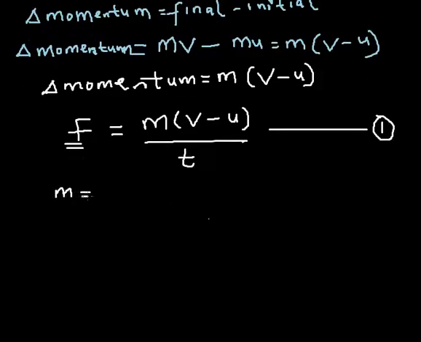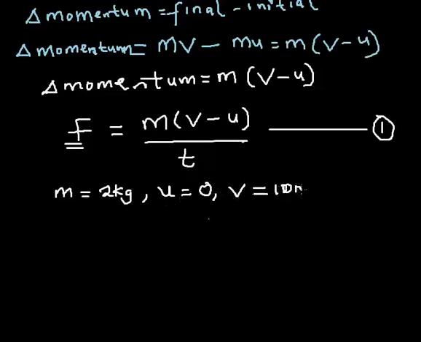So that's one way of evaluating, for example, if I have an object of mass, let's say 2 kg, moving from rest, so the initial velocity is equal to 0, then it moves with a final velocity of 10 meters per second.